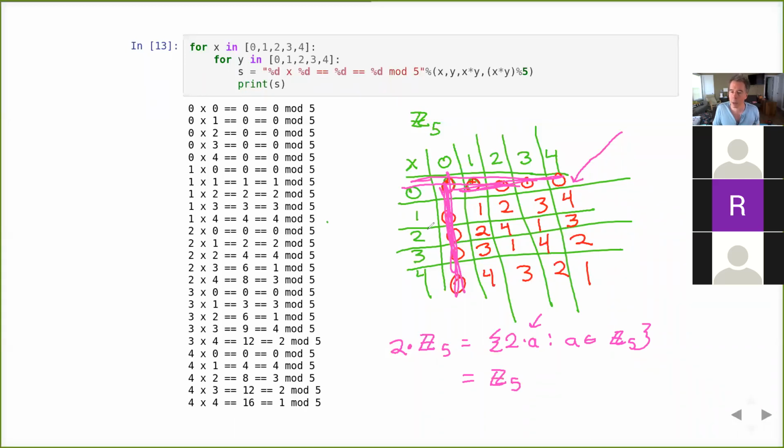So here's exactly what we're talking about, this row. What if I multiply every element in Z5 by 2? Then I get exactly the same set of numbers, except they come in a scrambled order. This is very relevant to cryptography because permutations are a key part of doing cryptography. I'll clear all this.